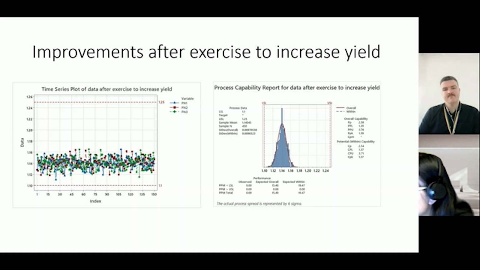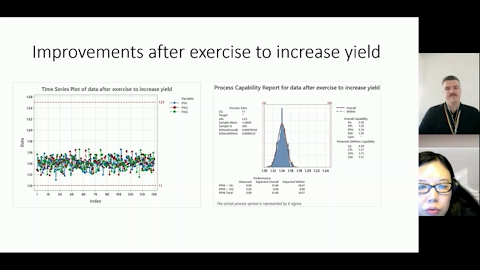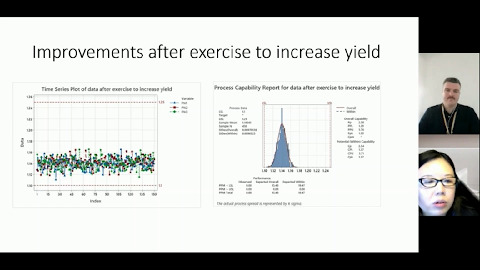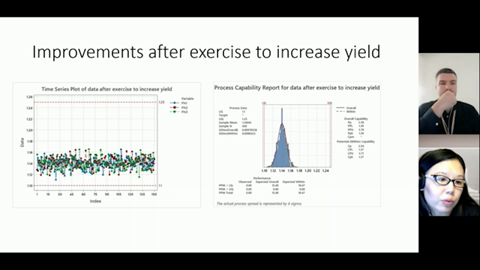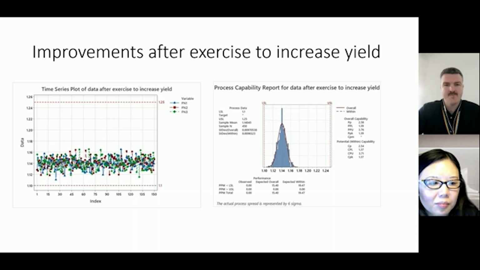Both Cpk and Ppk are about 1.33, which is what you need anyway. So if you can get away with more yield, it's always better, and I guess it reduces the cost of production as well. Definitely a win-win. Definitely, it's been really good. Yeah, that's great.